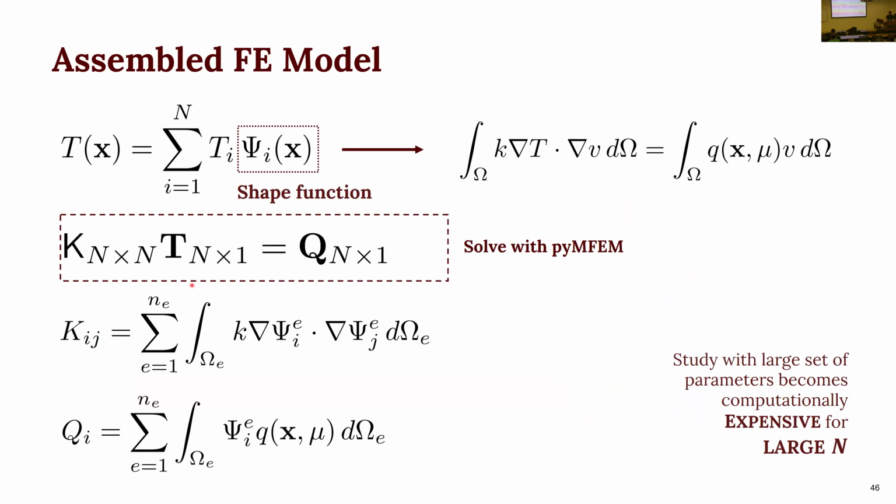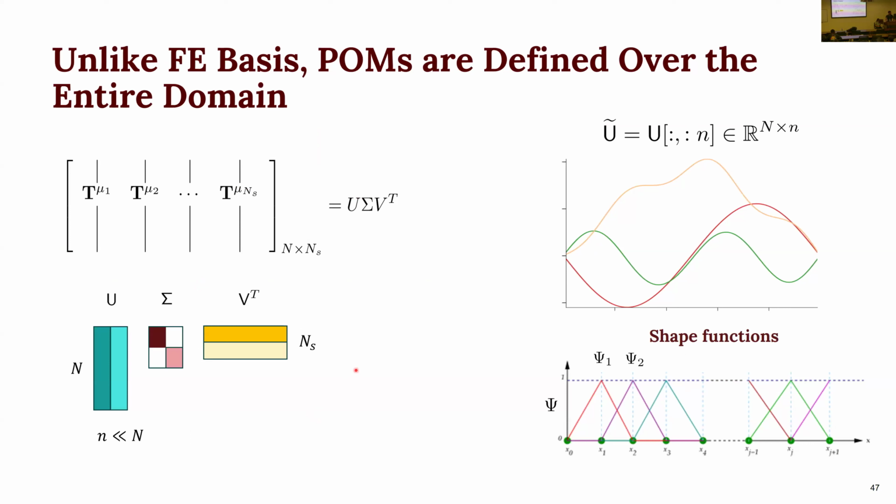So what we are going to do is that, as I told you, our objective is to do this calculation for different parameter values and find out the solution for different parameter values. As I told you before, in projection-based reduced order modeling, we take a parameter, get the solution, and stack it into this data matrix.